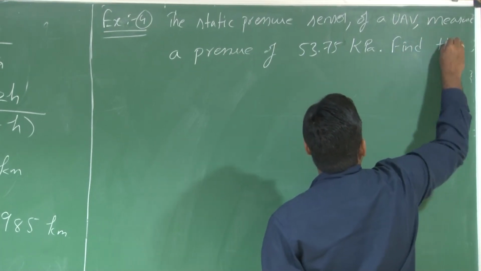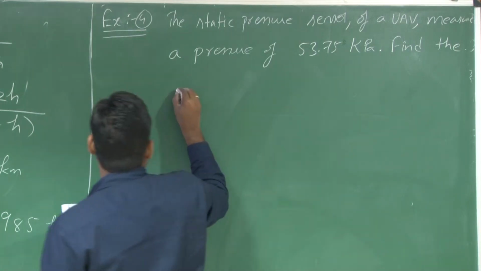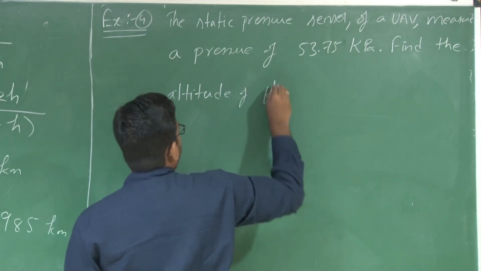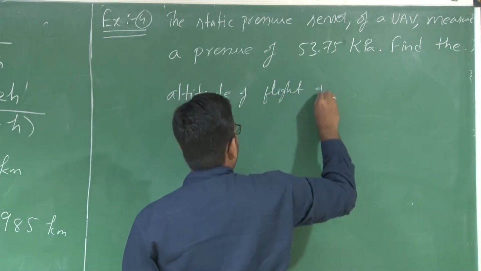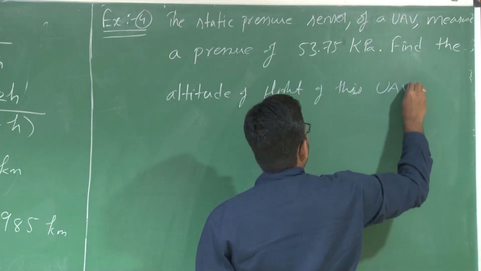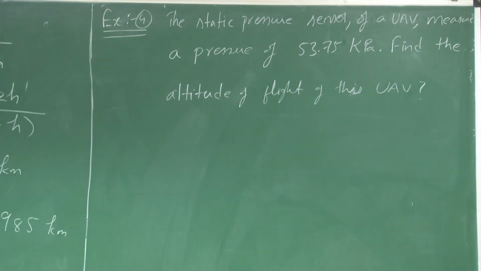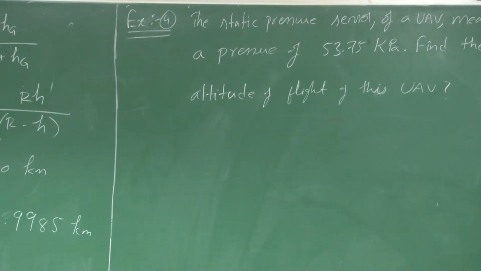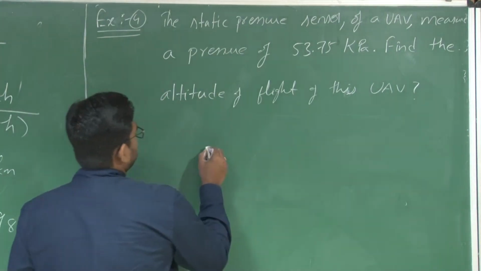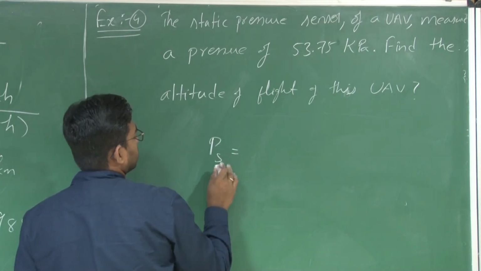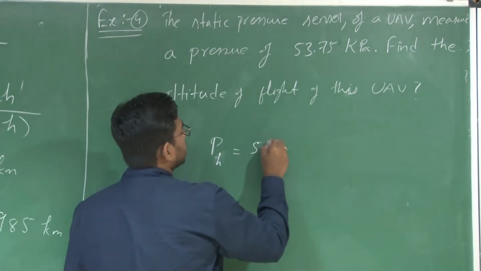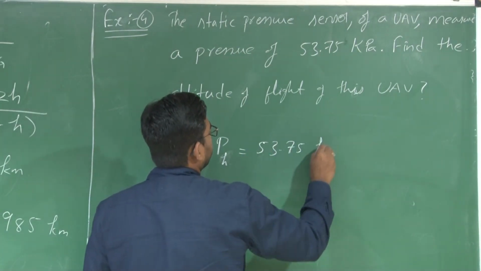Find the altitude of flight of this UAV. So what you have here is Ps, the static pressure, or P at a particular altitude H, equal to 53.75 kilopascals.